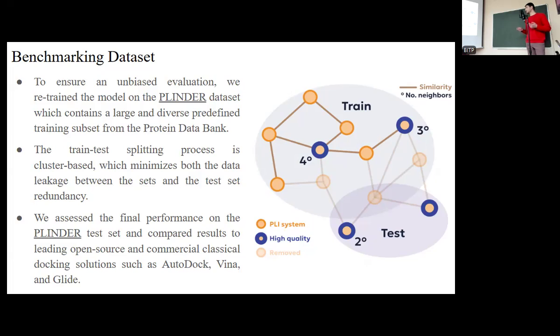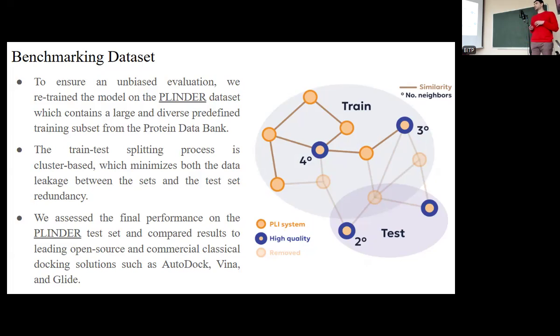And another useful property of this cluster-based approach is that we can reduce test set redundancy. We can do that by selecting one representative protein-ligand complex from each cluster.